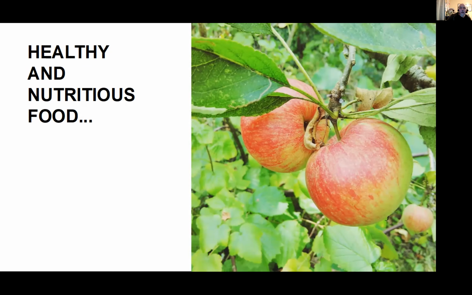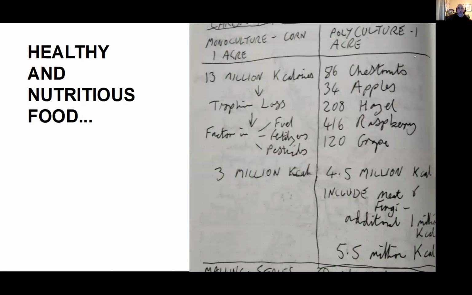And returning again to Mark Shepard, the guy who wrote the Restoration Agriculture book, who did some calculations on his own, where he converted degraded land that had previously grown monoculture crops, and compared the outputs in terms of kilocalories that land produces.